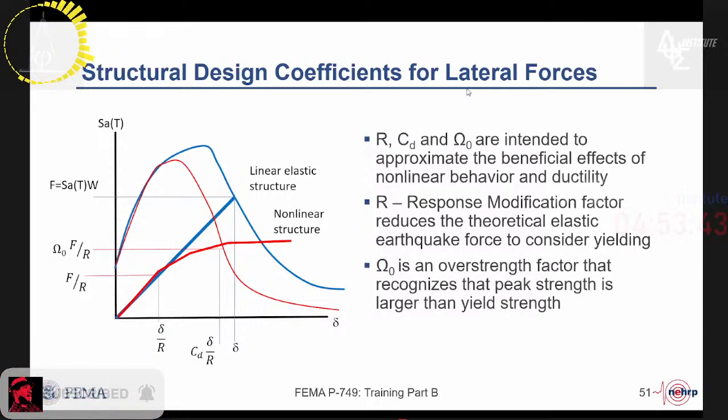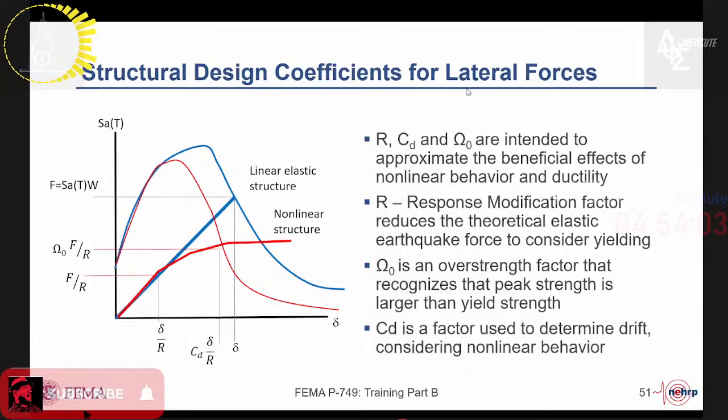The omega zero coefficient represents the peak response on the pushover curve relative to that specified minimum response in an approximate manner, and is used to design pieces of the structure that could be sensitive to overstrength, such as the column beneath a discontinuous braced frame or wall. And the C sub D factor is used to determine the inelastic drift of the structure as opposed to the elastic drift.